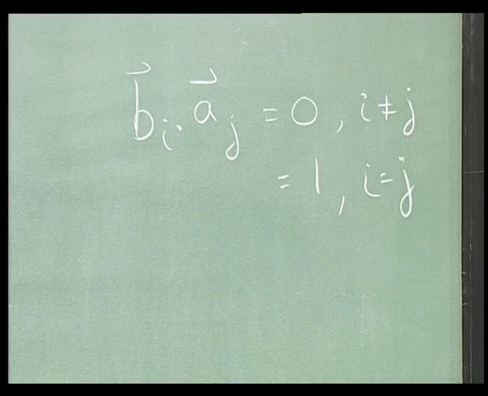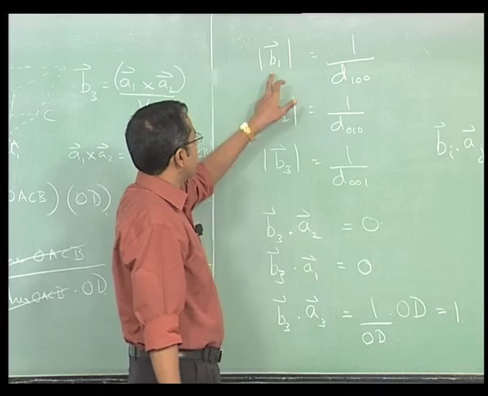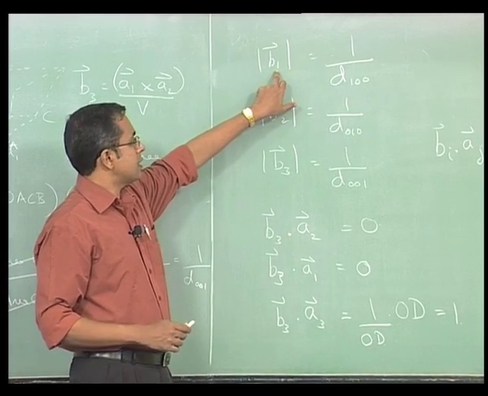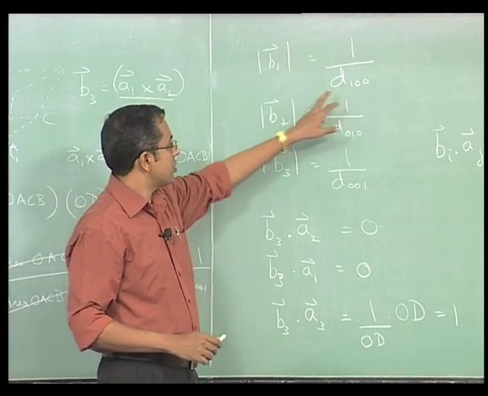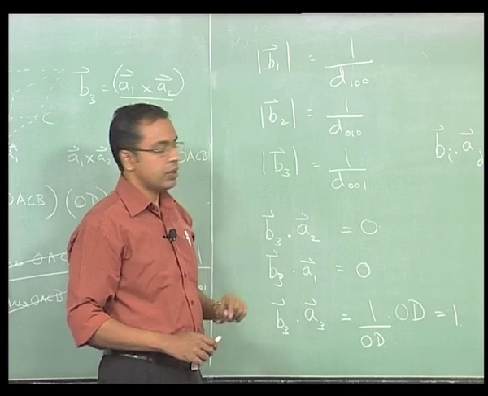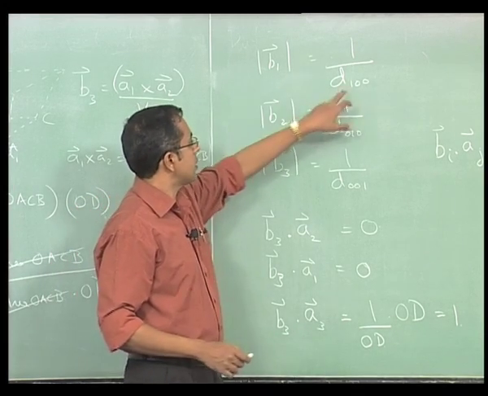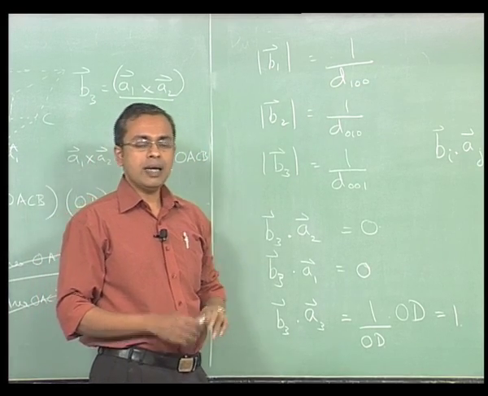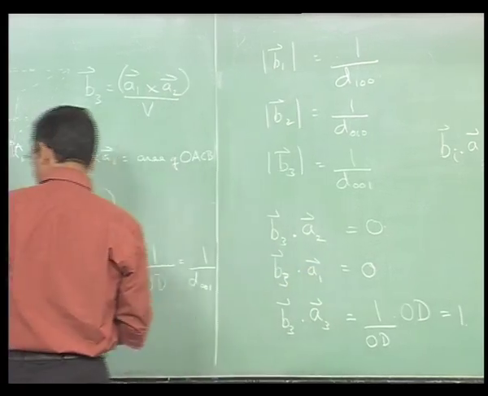Now we have already seen, in a specific case, that if you have a particular vector, so b1 in this case, the way we have defined it, it works out to be perpendicular to the two vectors A2 and A3, and in magnitude it is equal to 1 by the spacing d100, okay. In reciprocal lattice we can actually generalize this much more. We will generalize it as follows.